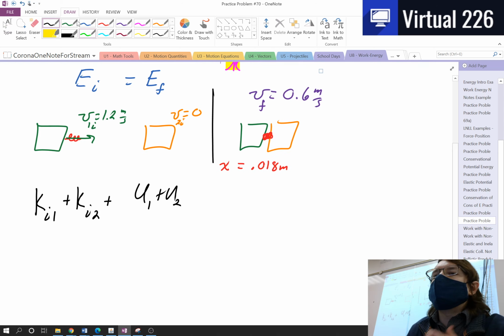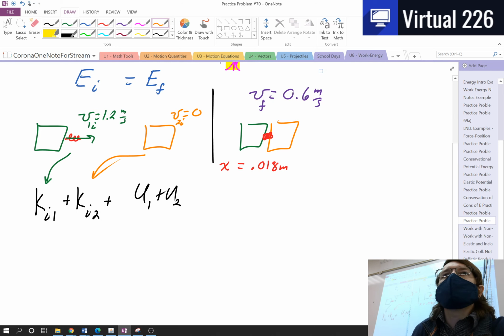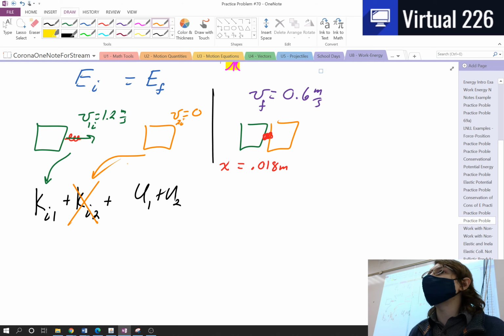Luckily for us, in this scenario, while our first object has some kinetic energy because it is moving, our second object is at a velocity of 0. It's at rest in the beginning, so its kinetic energy goes away because it never had any to begin with. Furthermore, the gravitational potential energy for both of these objects isn't changing.